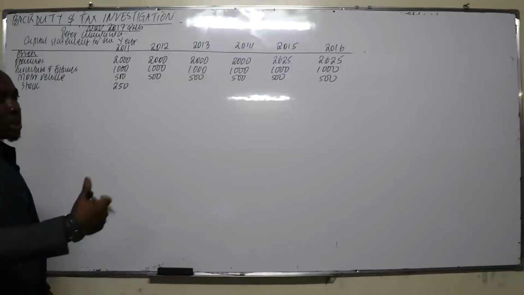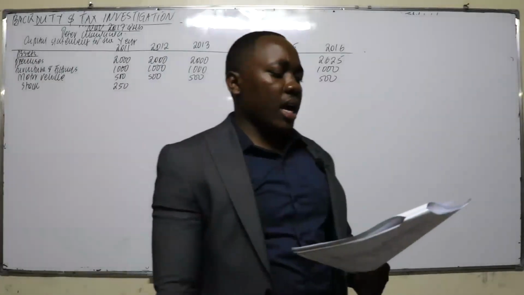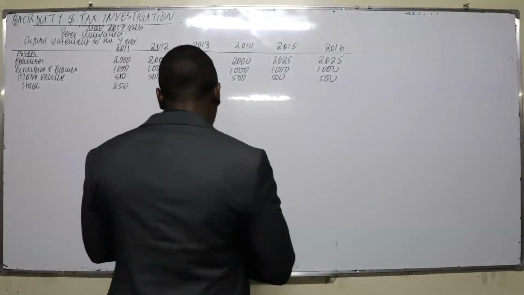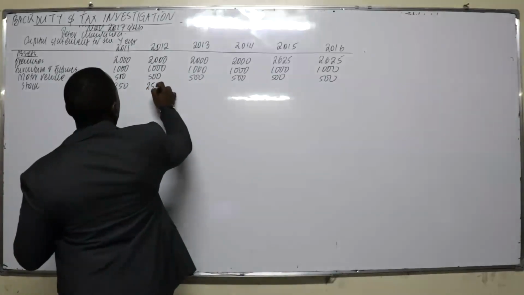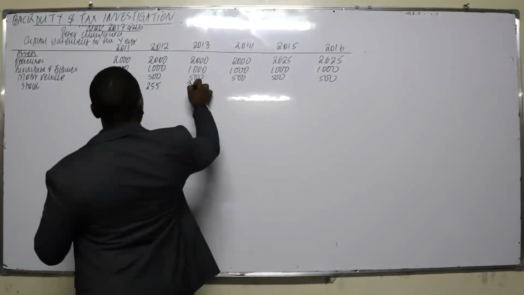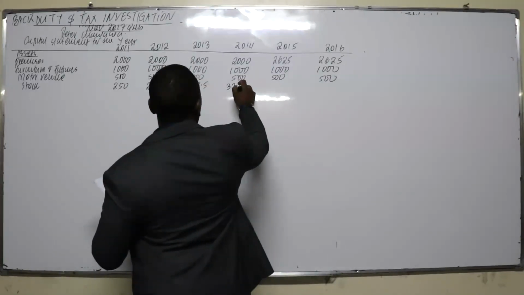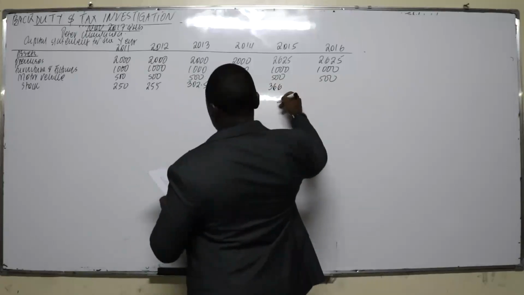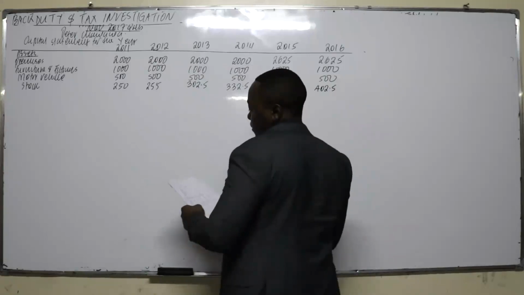That means they keep on changing in every year. Note number 3, the following account balances outstanding in the respective years are shown below. So stock for 2012 was an amount of 255. Here we had an amount of 302.5, 332.5, 366, and then 42.5.